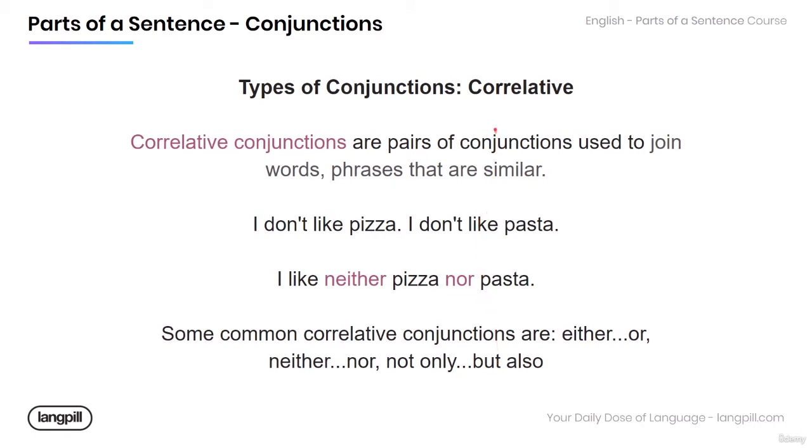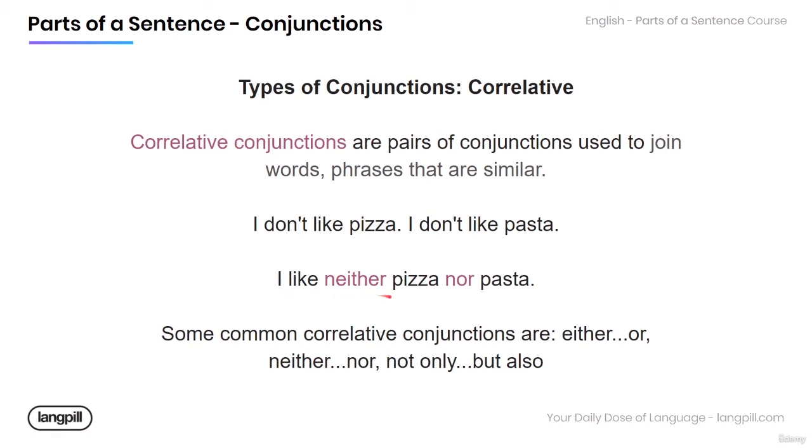Next we have our correlative conjunctions. Okay? Now correlative conjunctions are actually a pair of conjunctions that we use to join words or phrases that are similar. So here we have the two sentences, I don't like pizza, I don't like pasta. Okay? So now we're talking about two separate things that they don't like. We can use a correlative conjunction.